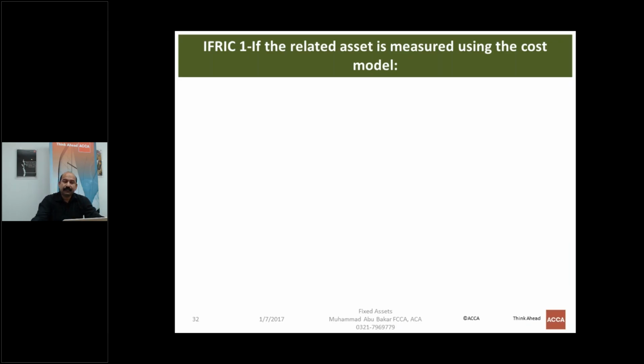First of all, we discuss the cost model. You have an asset and you are using the cost model to account for that fixed asset. And there are dismantling and restoration costs associated with that asset, which were initially recognized during initial recognition.